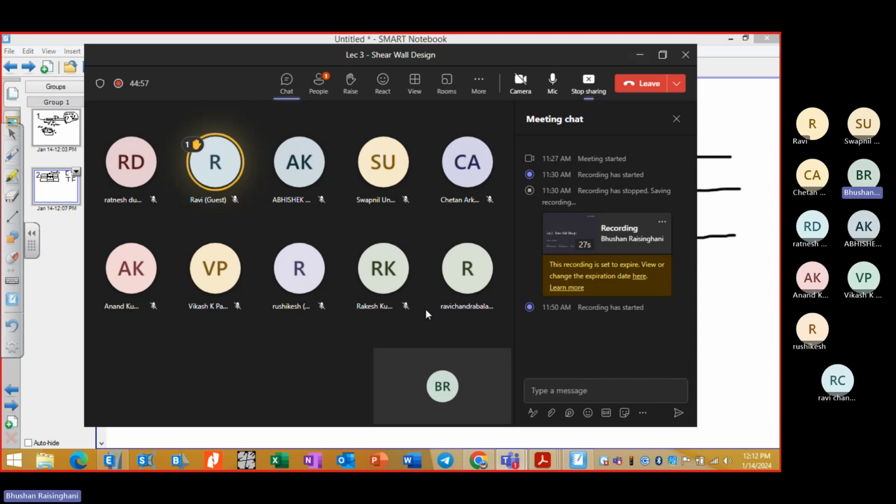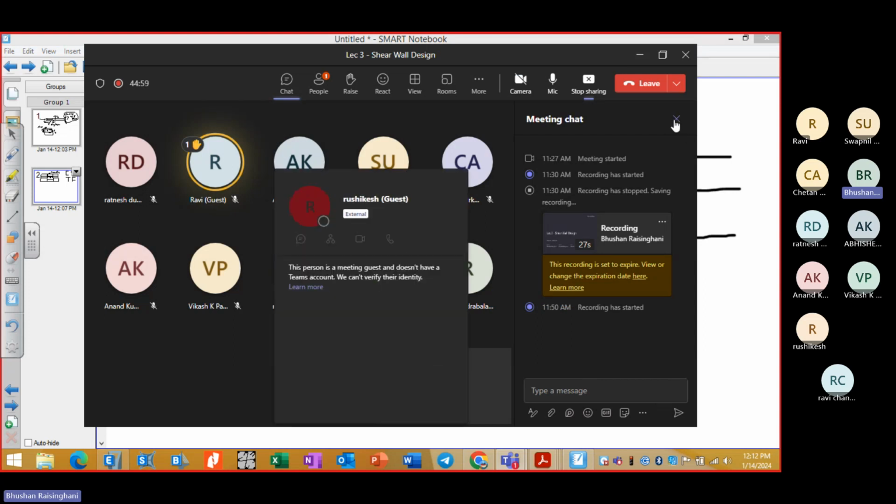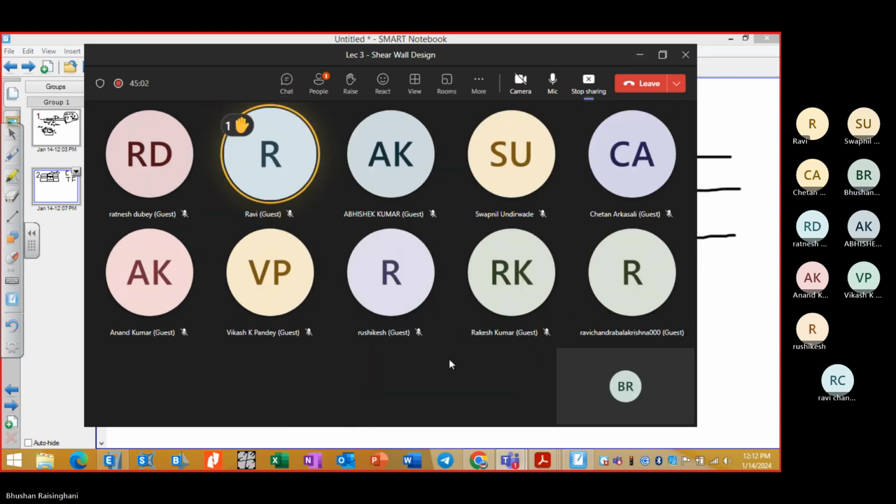So I would like to know from the participants right now, are we doing that or not? Are we connecting the lift well, sorry, our staircase well with the shear walls? Our stair well, are we connecting it with the shear wall or not?